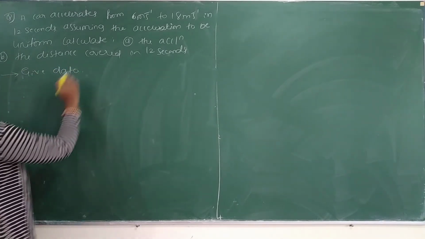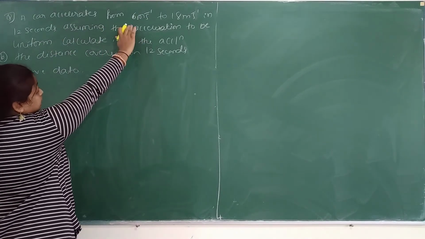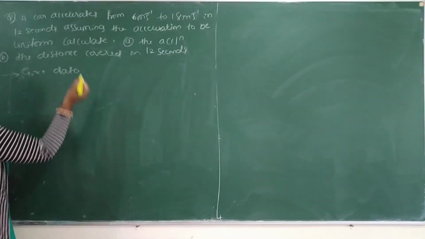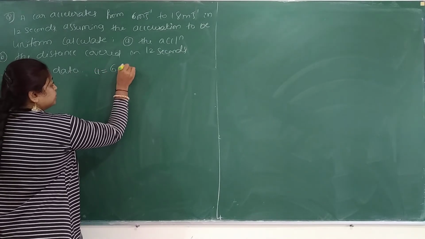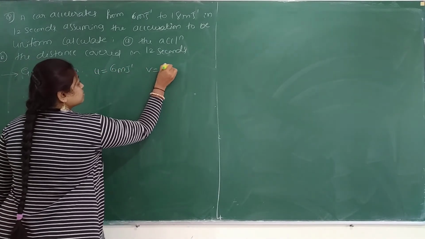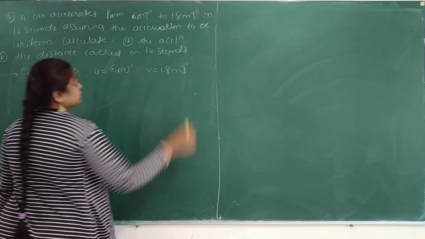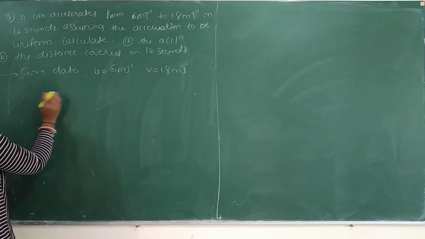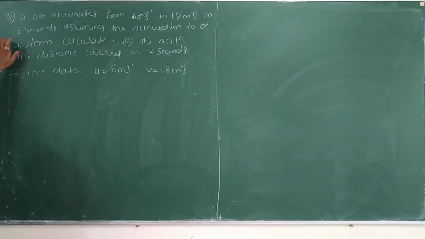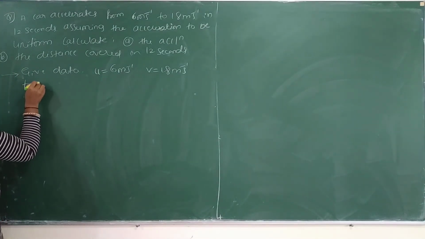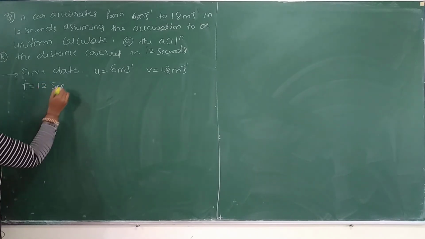Accelerates from means initial and final velocity are given. Initial velocity is 6 meter per second and final velocity is 18 meter per second, and time is given. To move from 6 to 18 meter per second, the time it will take, T, is equal to 12 seconds.